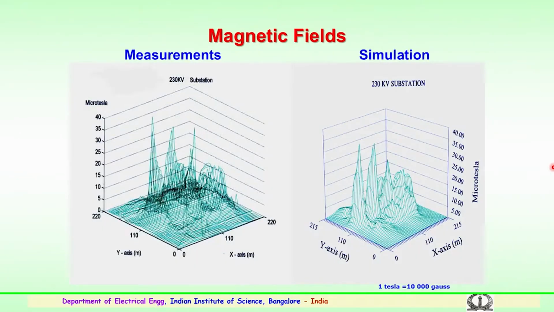Some of the simulations which have been carried out for various voltage levels in the substation are shown here. You can see the magnetic field magnitude varies depending upon the distance for a 230 kV substation.